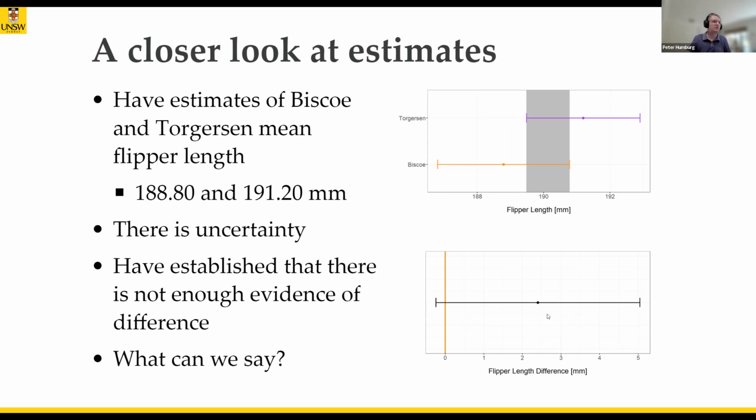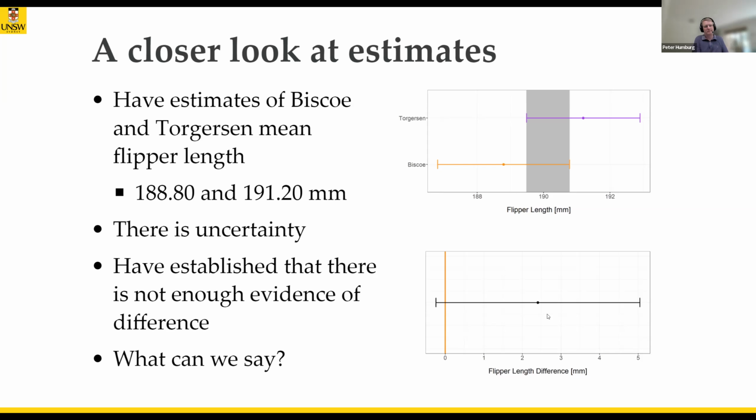It extends up to just above 5, and a little bit below 0, which is where we get our problem, right? Because a 0 difference, which would correspond to both of them being the same, obviously is kind of plausible based on our data. And that is consistent with the p-value we've got. Right?